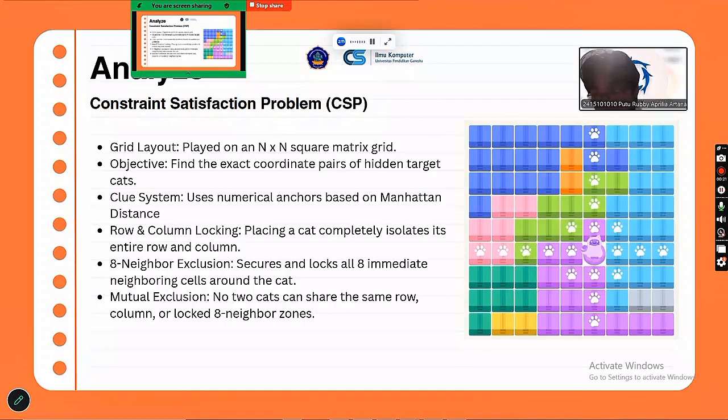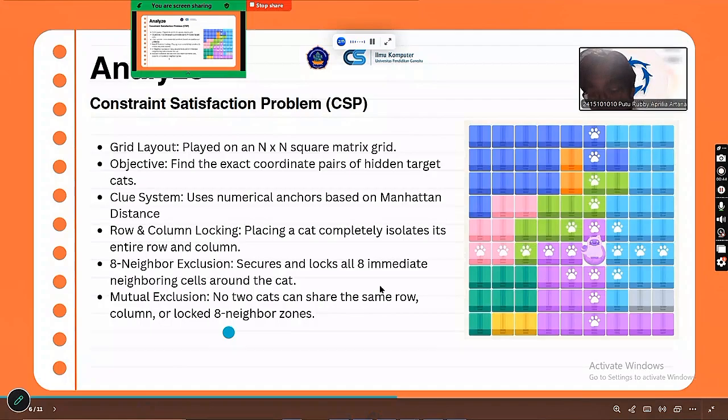For the clue system, it uses numerical anchors based on Manhattan distance and row and column locking. Placing a cat completely isolates its entire row and column, and the edge neighbor exclusion secures and locks all immediate edge neighboring cells around the cat. And then mutual exclusion: no two cats can share the same row, column, or locked edge neighbor zones.